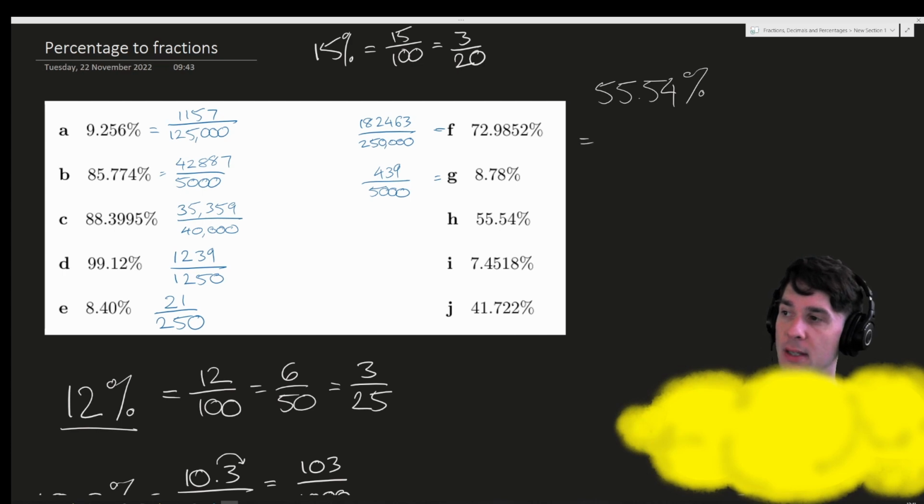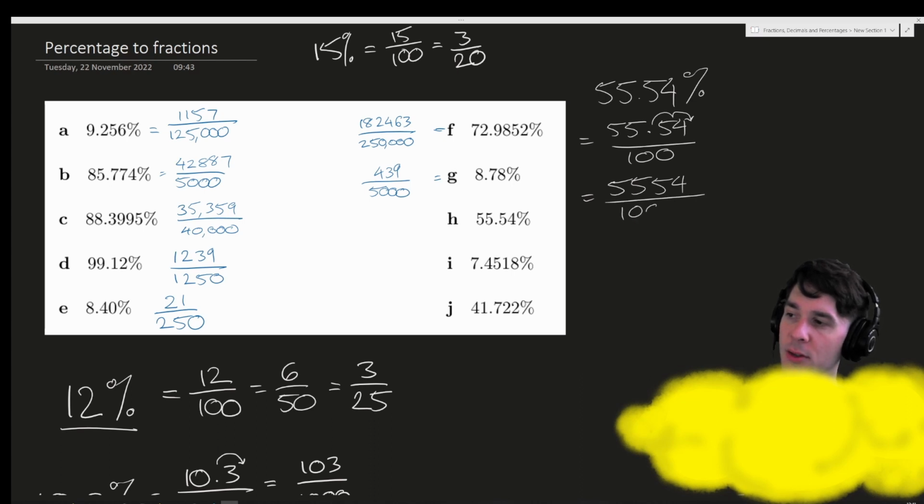55.54% is equal to 55.54 out of 100. Just like the last question, we need to multiply by 100 to move the decimal place out of the way. So we're going to get 5,554 over 10,000. Now let's divide by 2. Let me think about this. I think I'm going to use my algorithm.